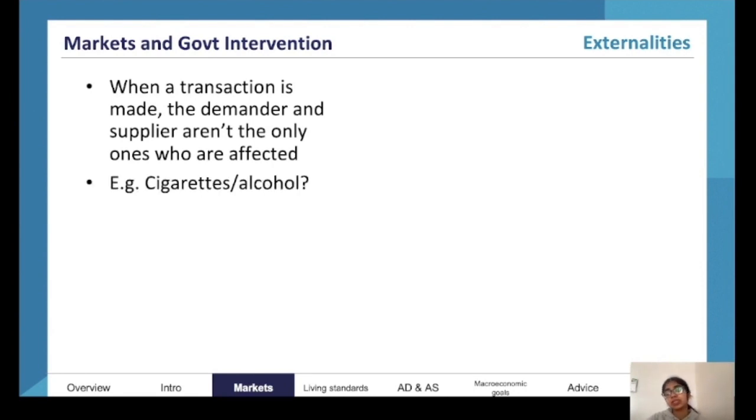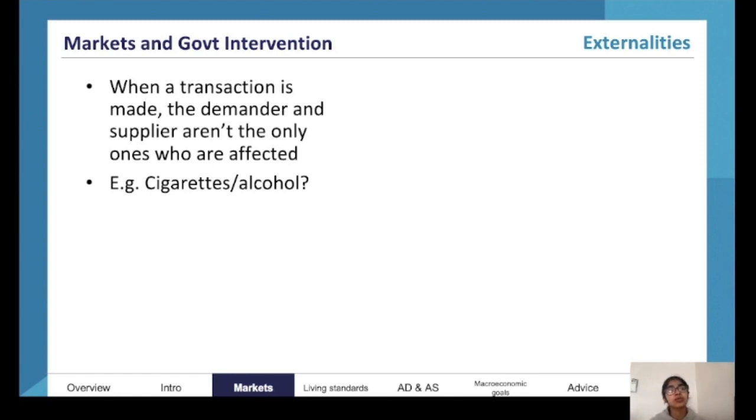So for example, let's talk about cigarettes and alcohol. When someone goes into the shop and buys cigarettes, there's a transaction between the person buying those cigarettes and the person who's selling them. Okay, cool. But what we don't really see as much is that there's also a cost on society when someone buys cigarettes.